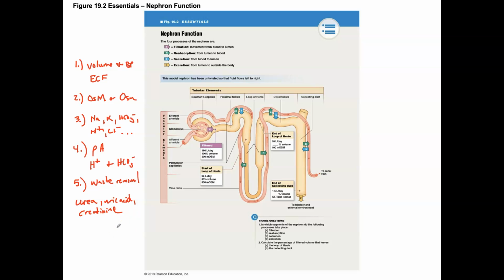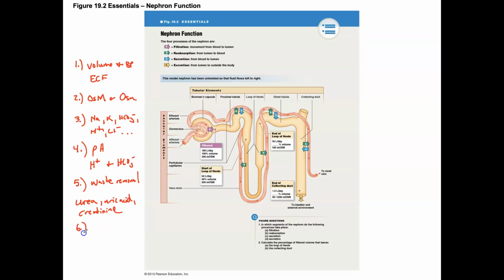We also will see removal of things like urobilinogen, which is a byproduct of hemoglobin metabolism. You'll also see hormones removed from the body through the urinary system. And then, of course, we are, again, removing basically anything that ends up in the cardiovascular system that is foreign and shouldn't remain within the blood. So lots of waste removal takes place through the kidneys.